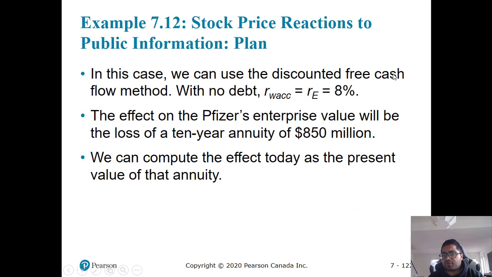We can use discounted cash flows. The discount rate is equal to the cost of equity of 8%. The effect on Pfizer's enterprise value will be a loss of $850 million per year for the next 10 years.